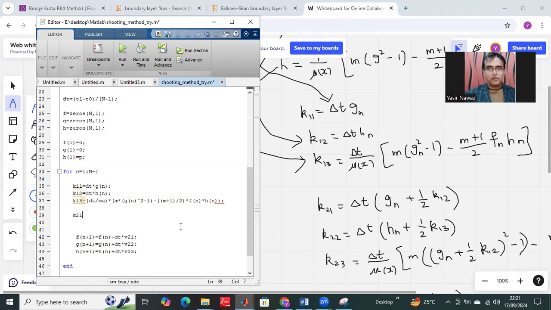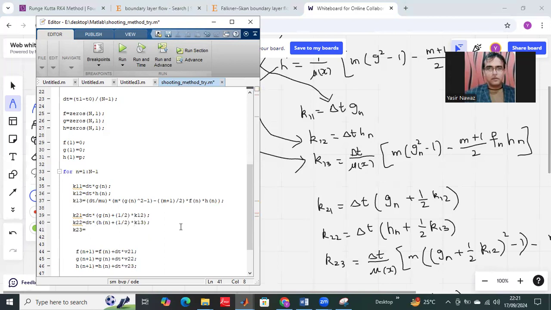And then K21 is dt multiplied by g of n plus 1 by 2 K11, and then K22 is dt multiplied by h of n plus 1 by 2 K13.